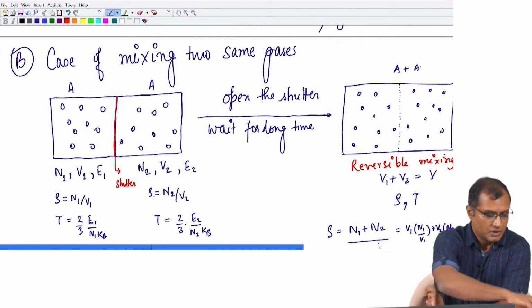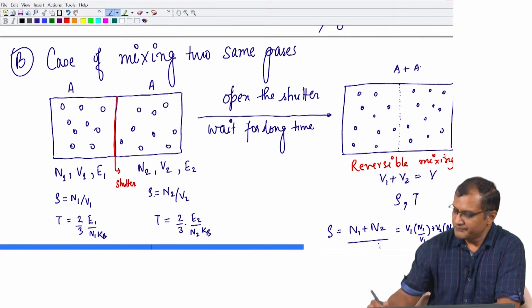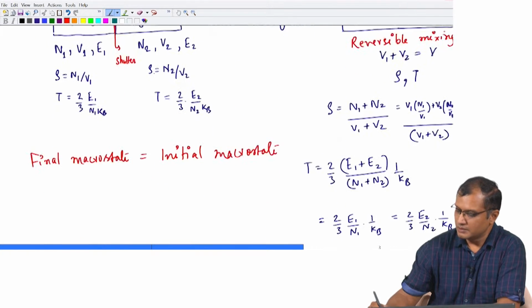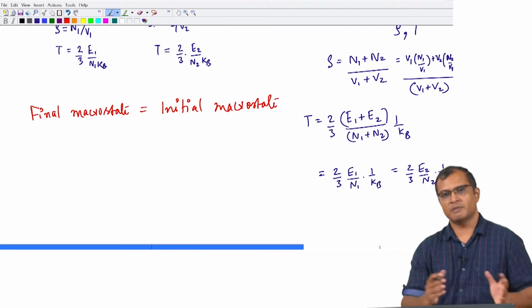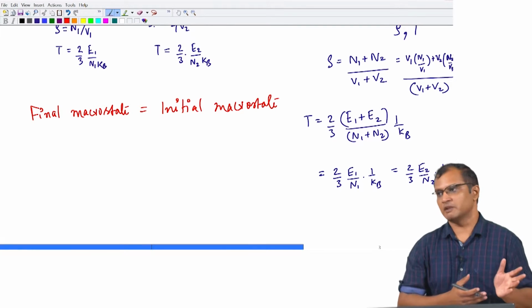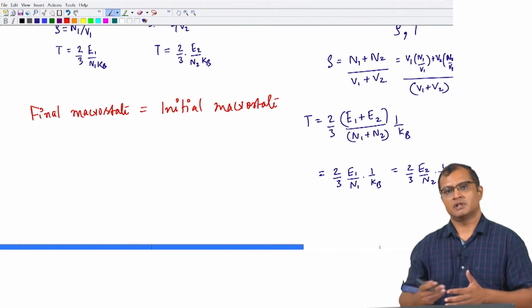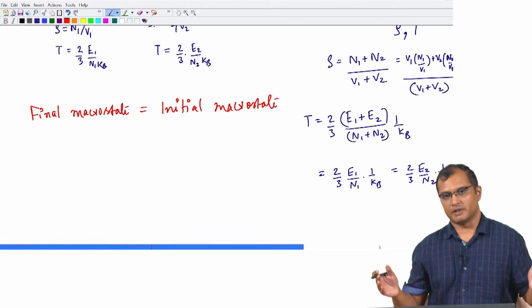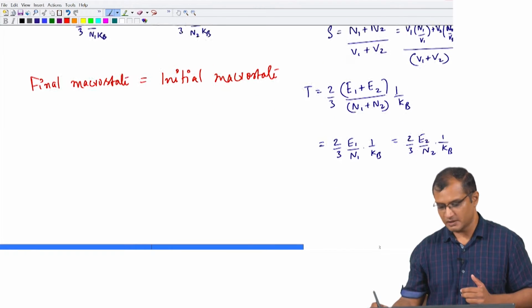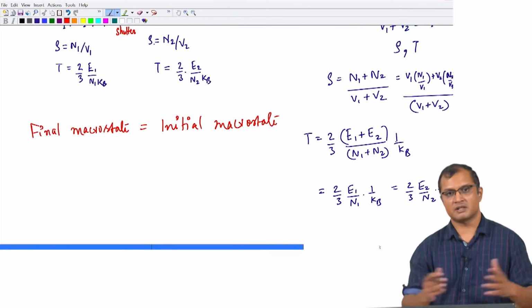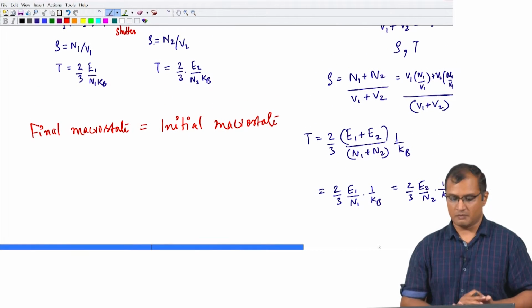So, clearly, when your macro state hasn't changed, you remain at equilibrium; you were in equilibrium to begin with, you are in equilibrium now. So, you have not gone away from the equilibrium, which means the entropy has not changed, the system is isolated, and the configurations are indistinguishable.